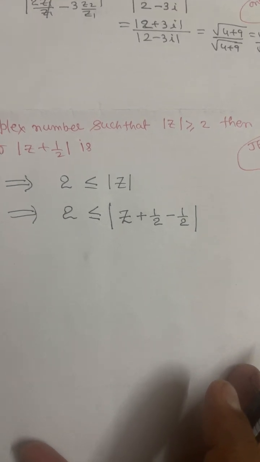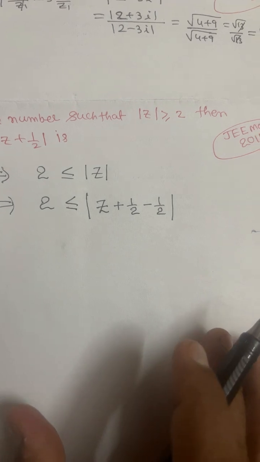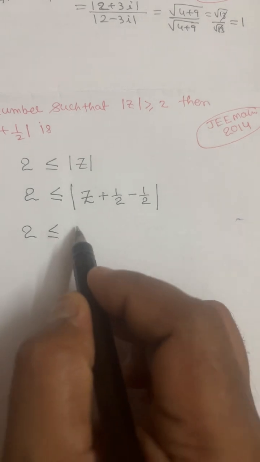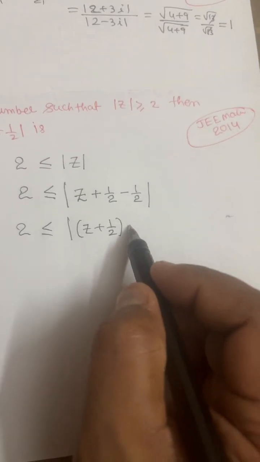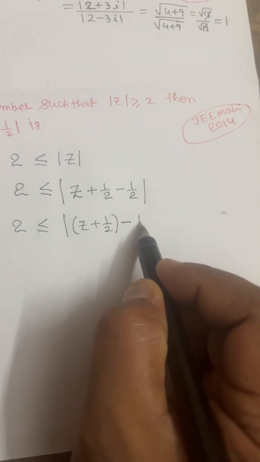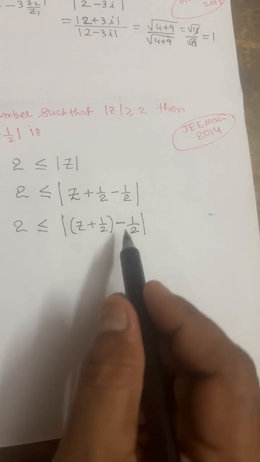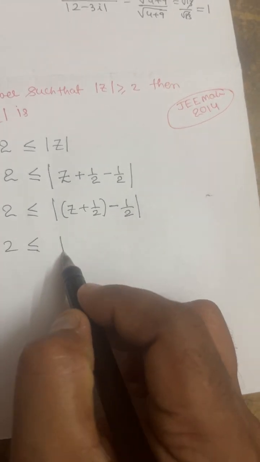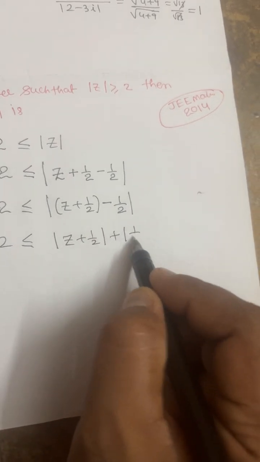So later on, mod z1 minus z2, so we can take 2 is less than or equal to mod z plus 1 by 2. You take it as one complex number minus another complex number. So the difference of two complex numbers is less than or equal to, it comes as mod z plus 1 by 2 plus mod 1 by 2.